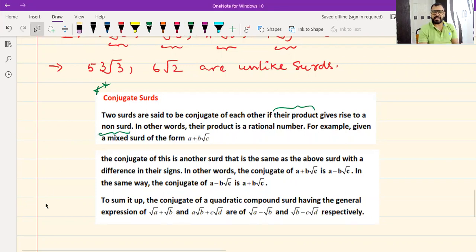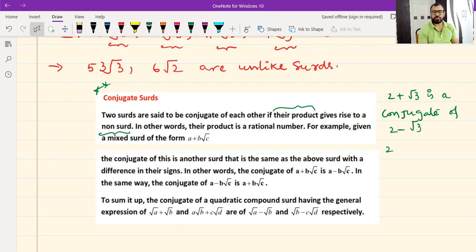Simply, you can say that 2 plus root 3 is a conjugate of 2 minus root 3.